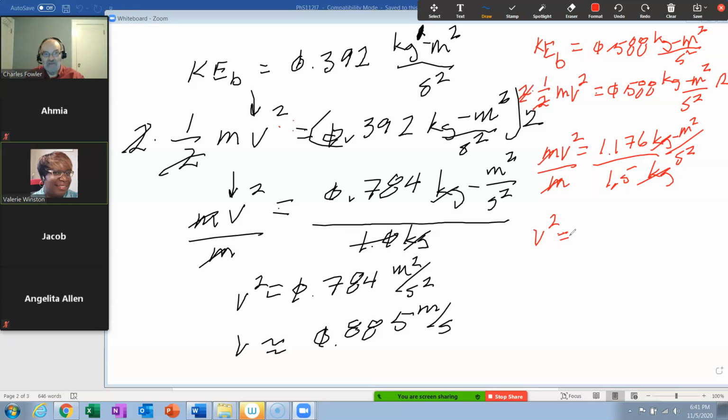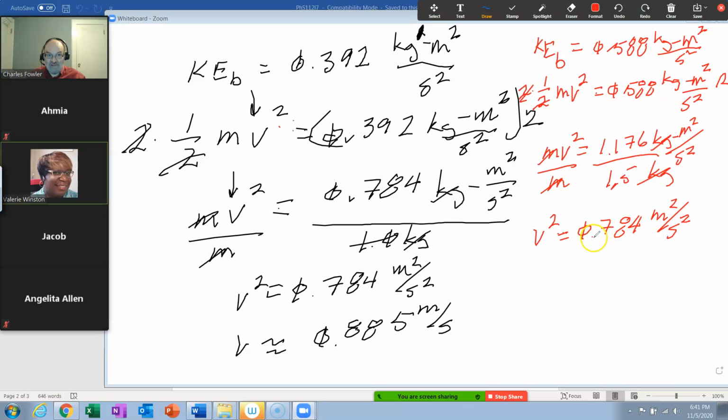Okay, so it's 1.176 divided by 1.5. And what do you get? 0.784 again. That's what we had v squared was before. 0.784 meters squared per second squared.